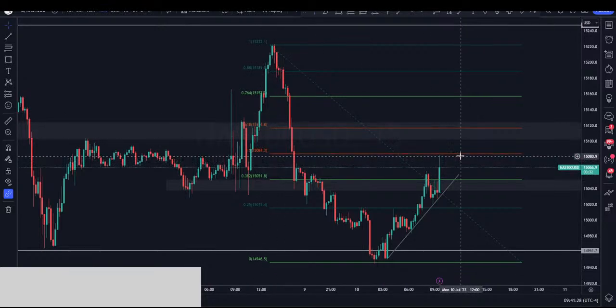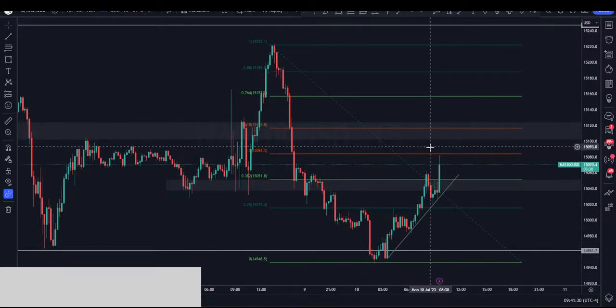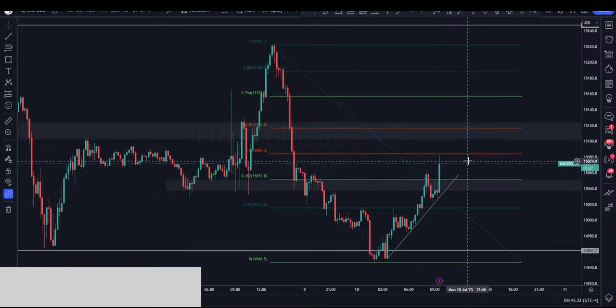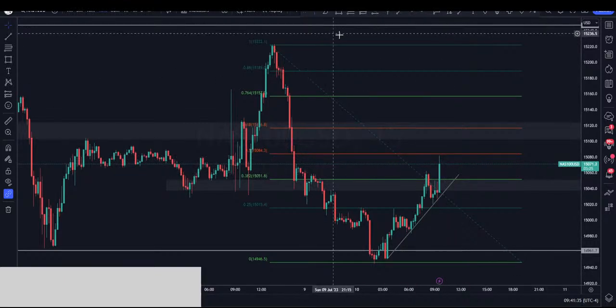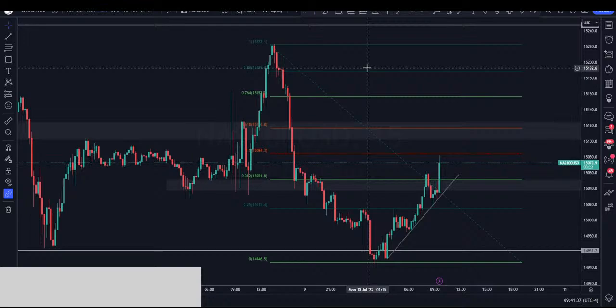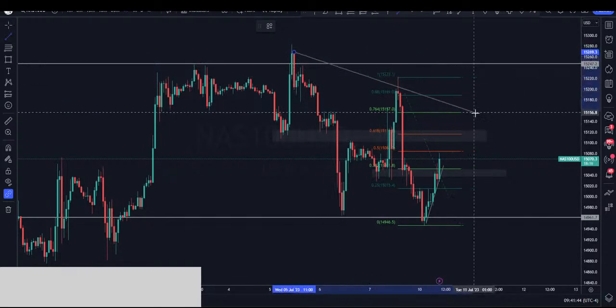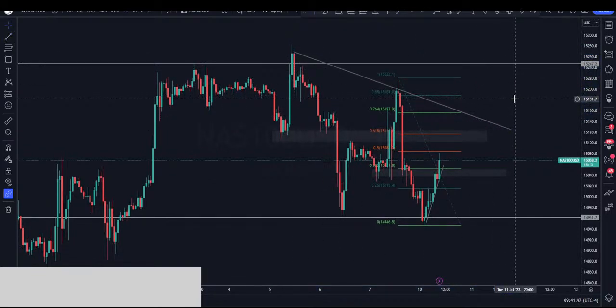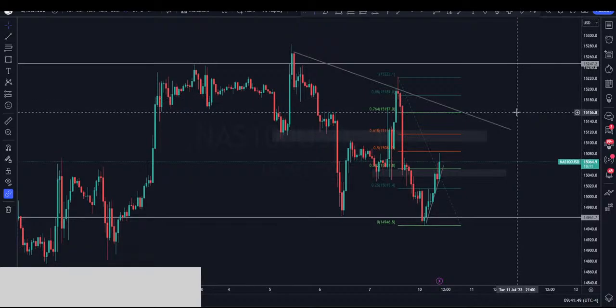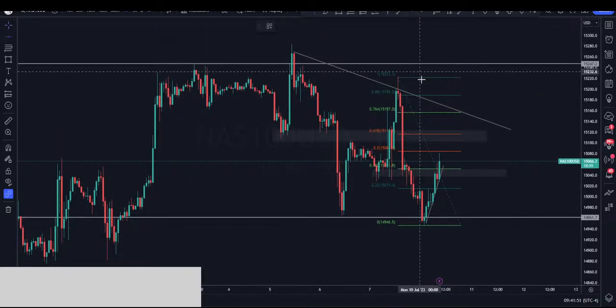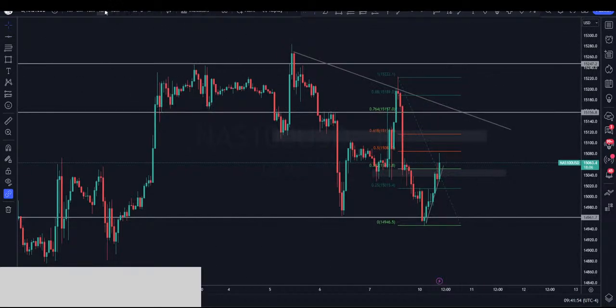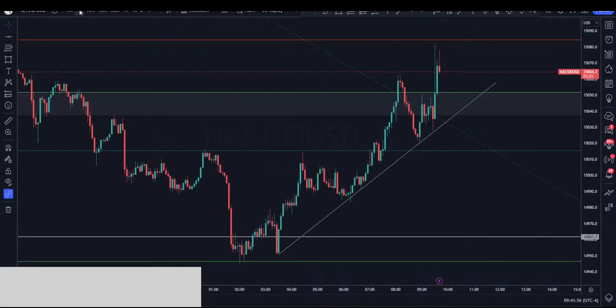So it's kind of rejecting the bottom of that golden zone area. I'm not confident in a short yet.